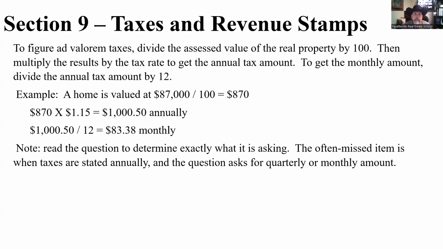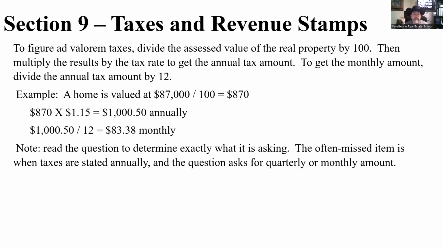And so once you have the assessed value, divide that by 100 and then multiply by whatever the tax rate is. And that will give you the annual tax amount. You have to be very careful reading these questions, because if it asks what the monthly escrow tax amount is, you're going to have to take that annual tax amount and divide it by 12 to get the monthly.